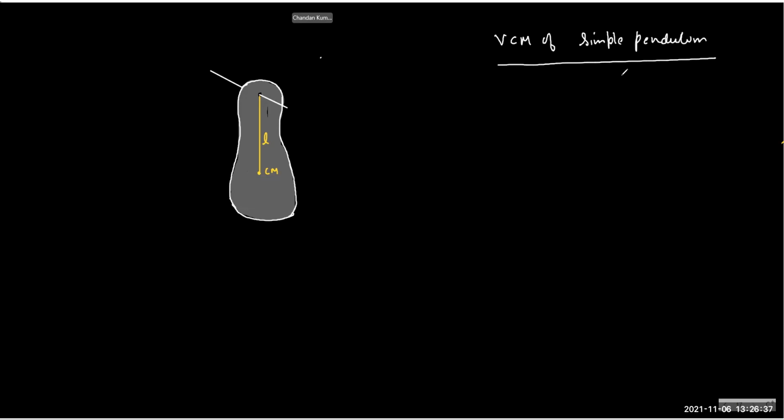And the biggest challenge to achieve this task is that the separation between the point of suspension and the bob should not change, right? Because what we're looking for is vertical circular motion, so we must keep the separation constant.